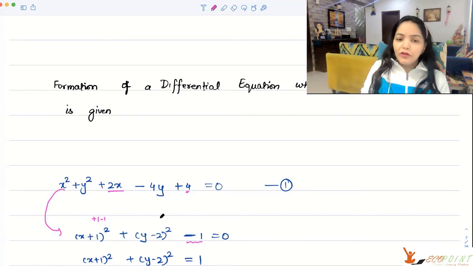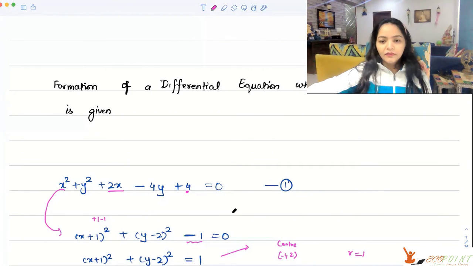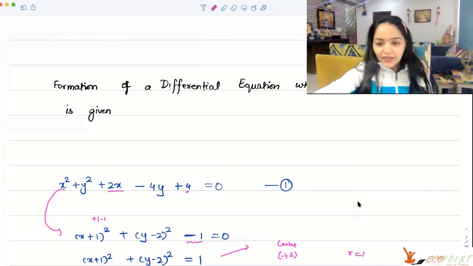In the next step, of course, you can get your 1 out here. The moment you get your 1 out here, can you see that you have an equation of a circle with center minus 1, comma 2 and radius 1. And similar to these, you can have more circles with center minus 1, 2 with different radii, right?